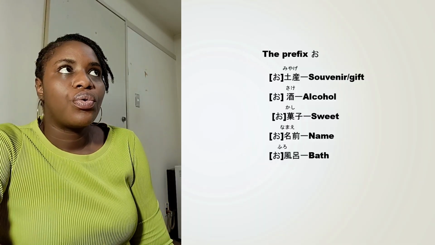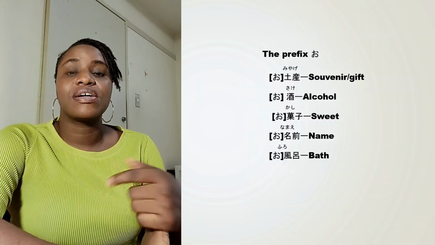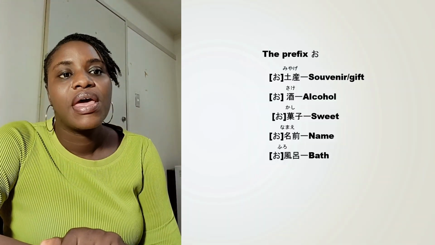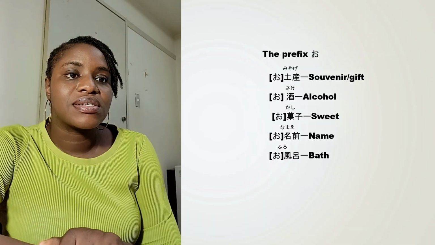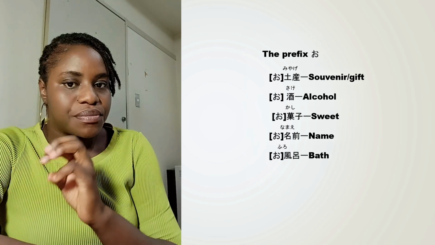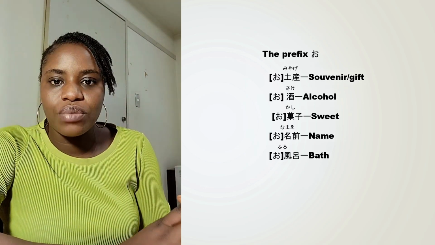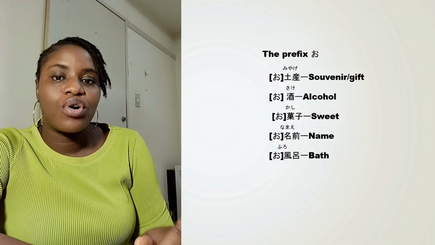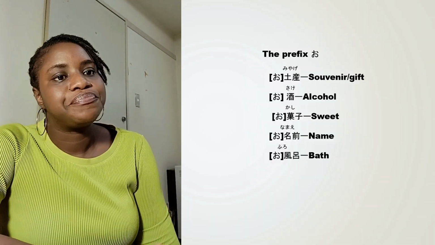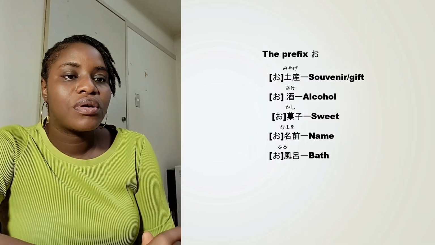じゃあ the next one is the prefix o. So, as I said, Japanese is a very contextual language, and there are times where you want to sound really polite and don't want to sound casual. So, in these situations, o sometimes is attached as a prefix to some words, and then it becomes polite. It's not as if these words cannot exist on their own, but when o is added to them, they become polite. 例えば、お土産。Souvenir. Osake. Sake is alcohol.